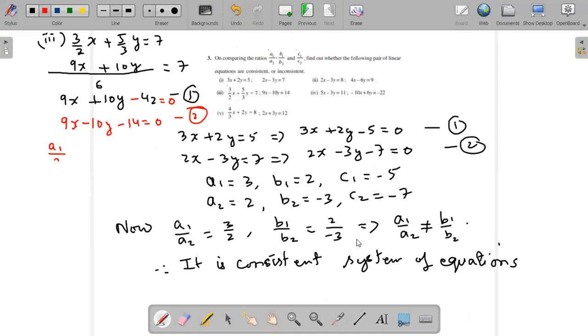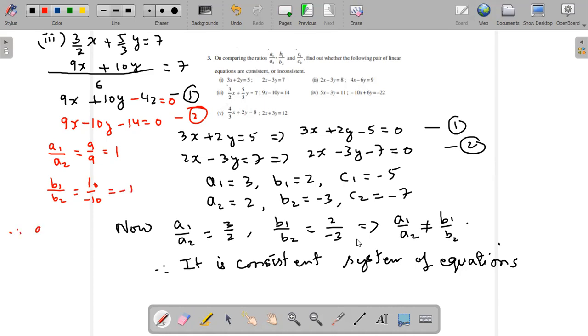A1 upon A2 is equal to 9 upon 9, that is 1. And B1 upon B2: this is positive and this is negative. So 10 upon minus 10, which is equal to minus 1. So they are not equal.